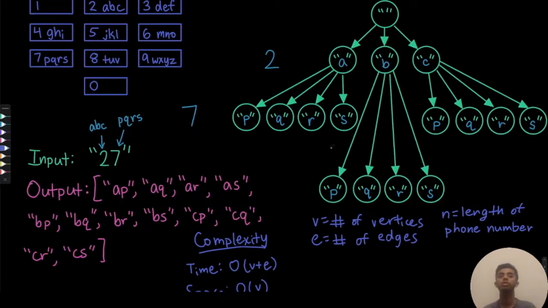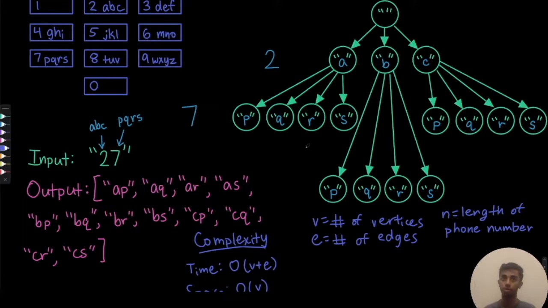So to determine the number of nodes in our graph, we multiply this number, 3 or 4, for every single digit. If all of our digits map to 3 different letters, then we'd have 3 times 3 times 3 times 3, based on however many digits there are.